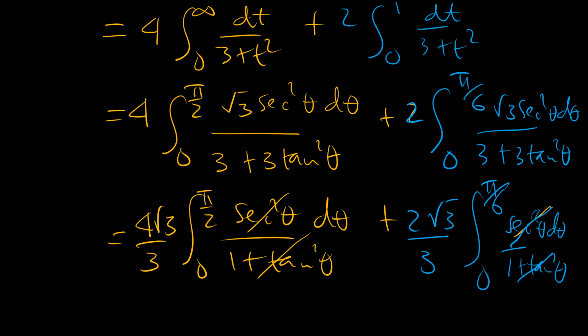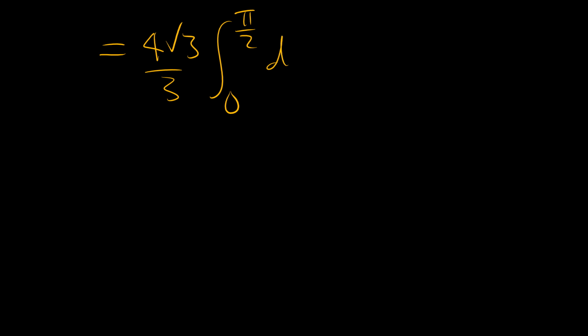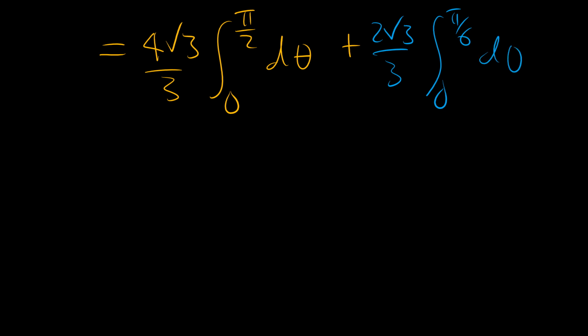So we come to a point where we have 4 root 3 over 3, integral from 0 to pi over 2 of d theta, plus 2 root 3 over 3, integral from 0 to pi over 6 of d theta.